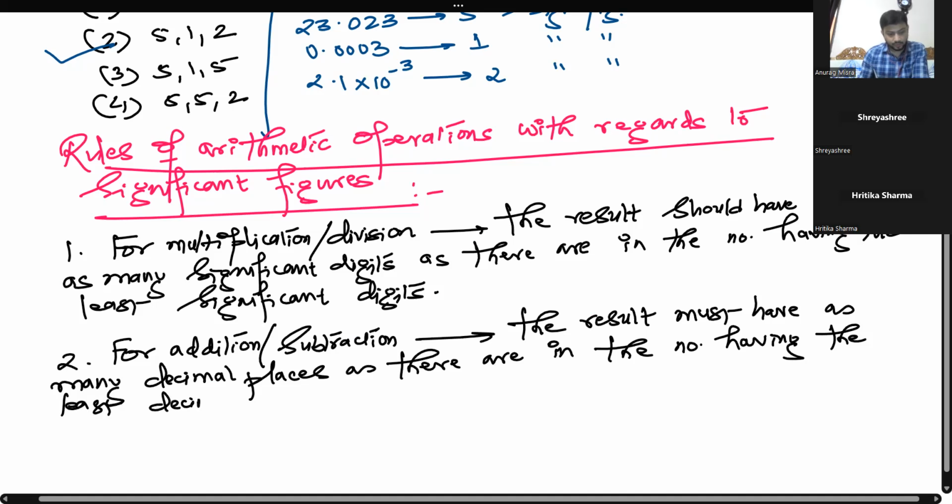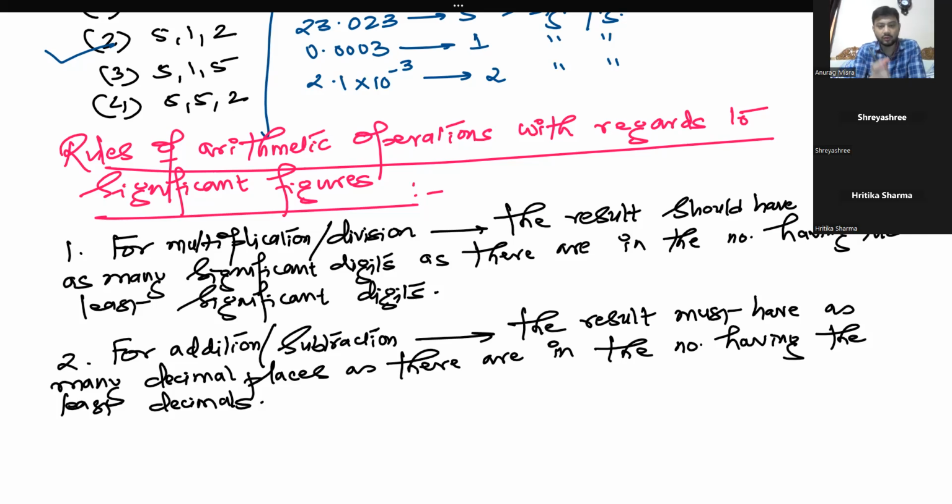Remember कि don't get carried away by the language of the question. Simple याद रखना है कि जहाँ पे मल्टीप्लाई डिवाइड करेंगे वहां पे हमें सिग्निफिकेंट फिगर का मिनिमम वैल्यू देखना पड़ेगा, and accordingly we have to round off the result. And जहाँ पे एडिशन सब्ट्रैक्शन है वहां पे हमें डेसिमल के बाद कितने प्लेसेस आ रहे हैं उसको देखना है, and accordingly we have to round off the number.